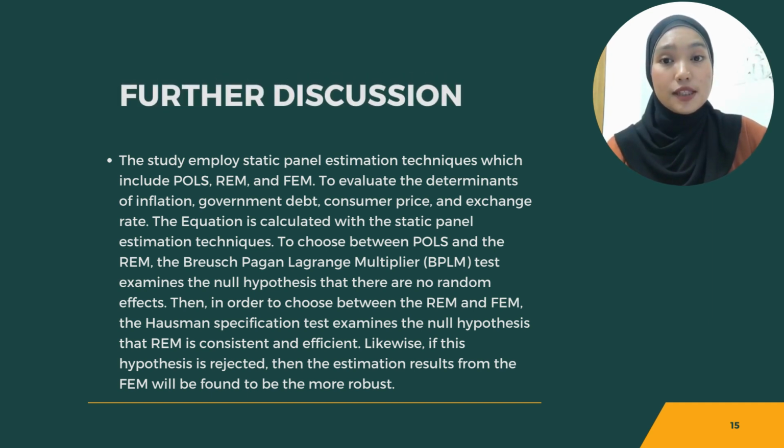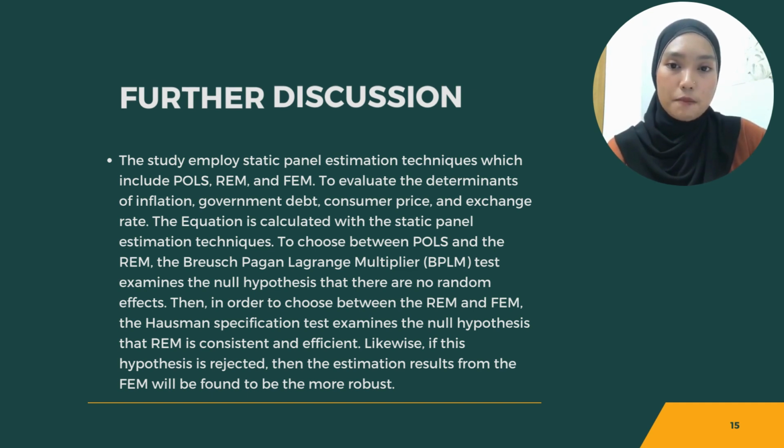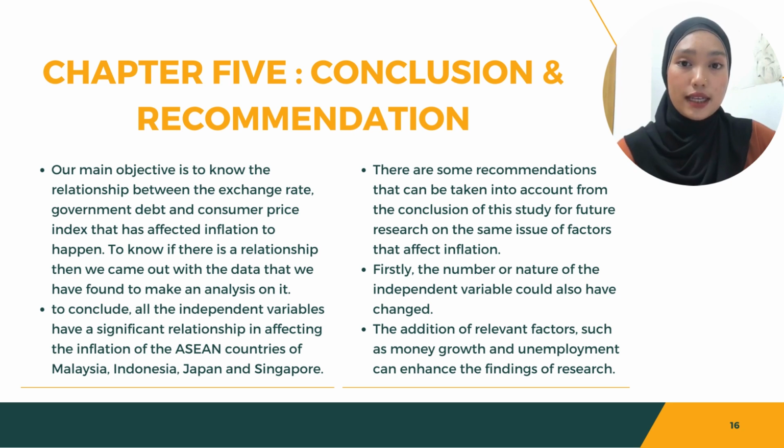To summarize this chapter, all of the data were run through Stata software to obtain the outcomes of various models or tests. Then the result shows that the dependent variable, which is inflation, was connected to independent variables. In our study, our main objective is to know the relationship between the exchange rate, government debt, consumer price index that has affected inflation to happen.